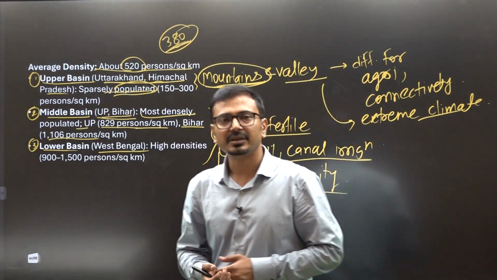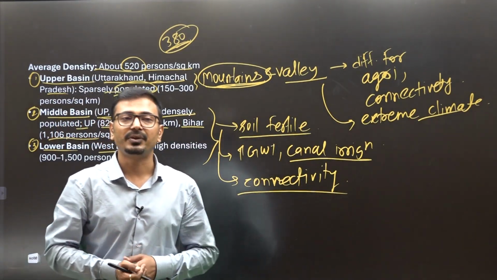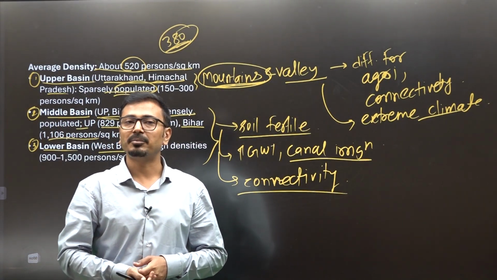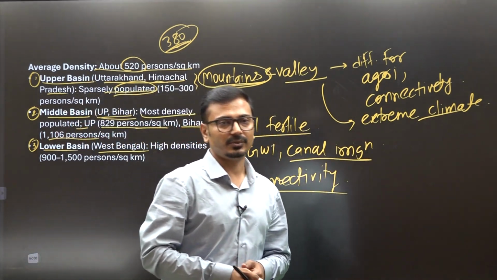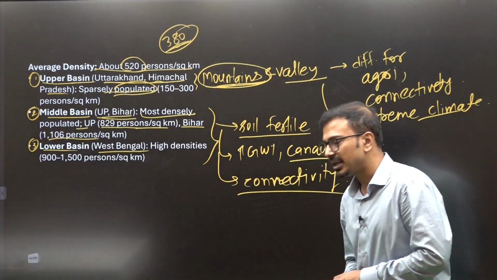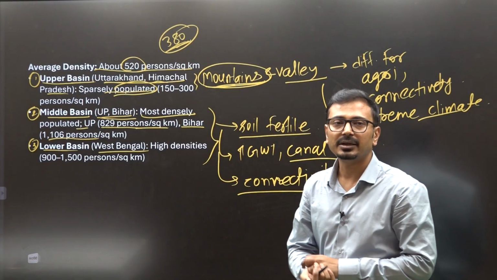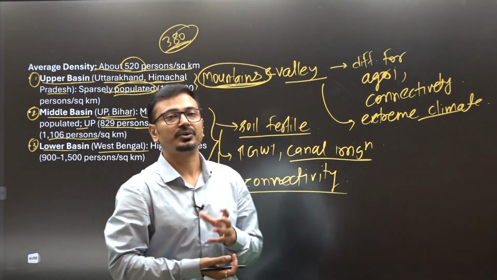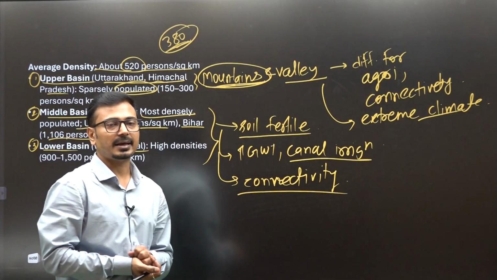The Ganga basin is basically the granary of India, the food basket of India, and you can mention some challenges that this region is facing. In the conclusion part, you can mention that this region is facing the challenge of floods, especially the lower basin. So that is a flood prone area due to shifting courses of rivers, or the annual flooding phenomenon that happens.